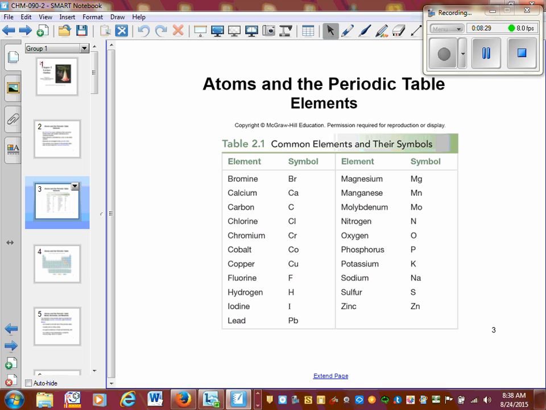Copper is Cu. Most people would intuitively say that because the elements are somewhere based on Latin names, German names, other names. So copper is from cuprum. You notice sodium is Na, natrium.